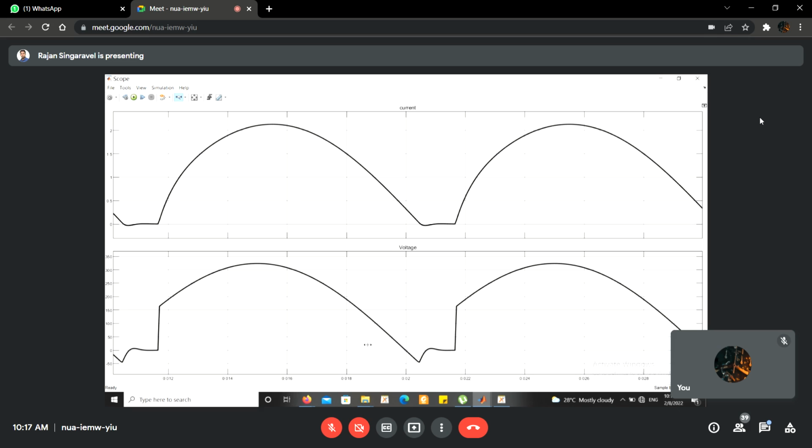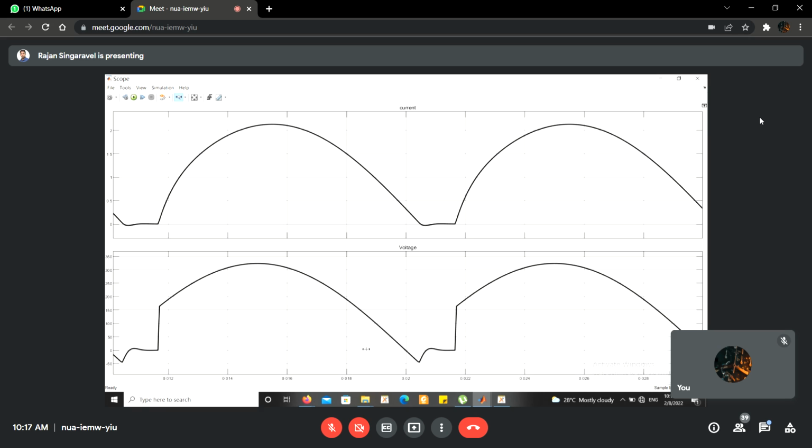Right? And with this method, if you calculate omega L by R for this particular condition, it is 2 pi f times L, where L is 75 millihenry.